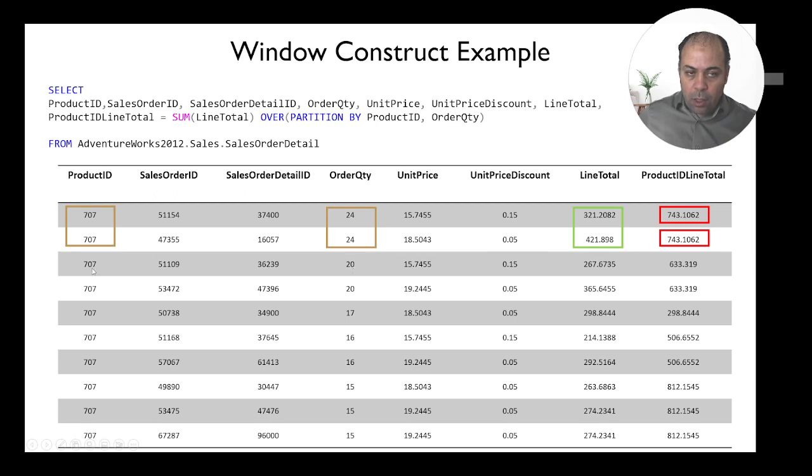Here product ID has the same values for two rows and even order quantity. So the summation or the total here is just based on the two values of the third record and the fourth record, and so on for the rest. This one has just one value for order quantity, so the summation is the same value.